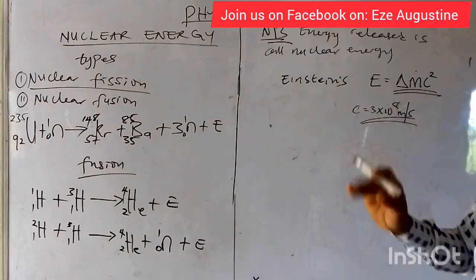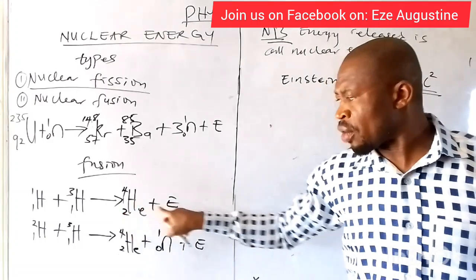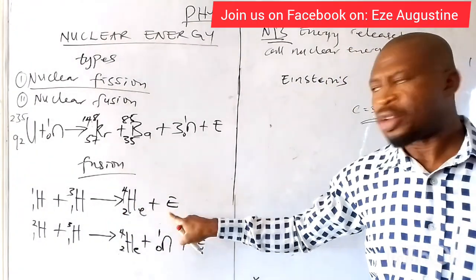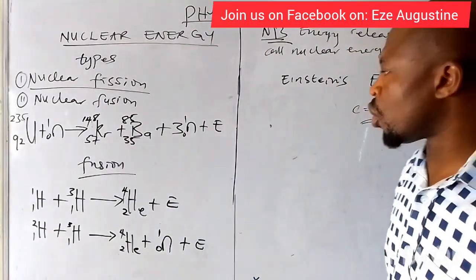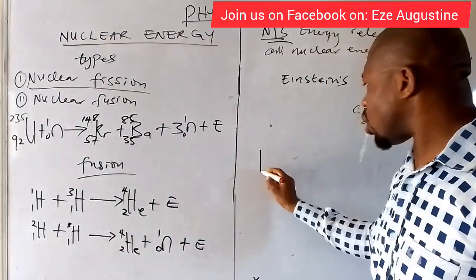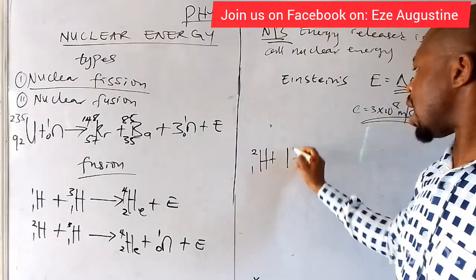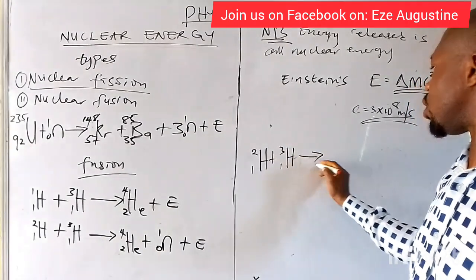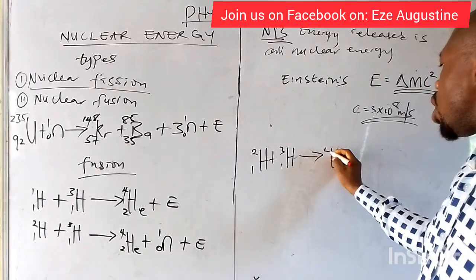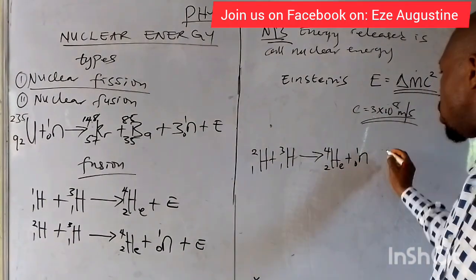However, before we do that, assuming we want to calculate the value of energy released here, maybe in this one or in this one, all we need to do is write the equation. If we write that equation, deuterium and tritium give rise to helium and neutron plus energy.